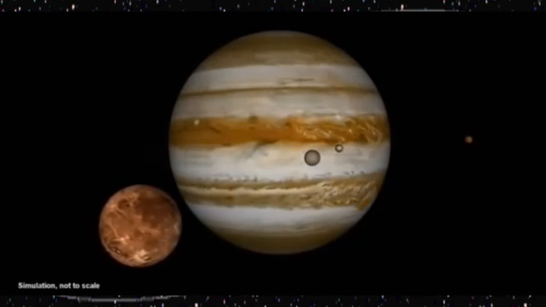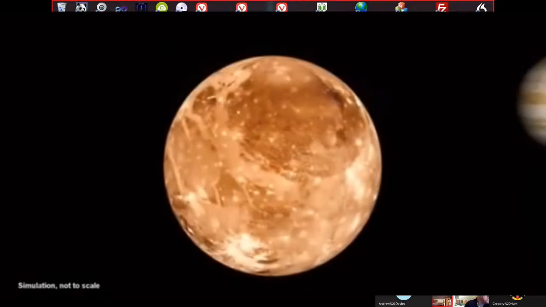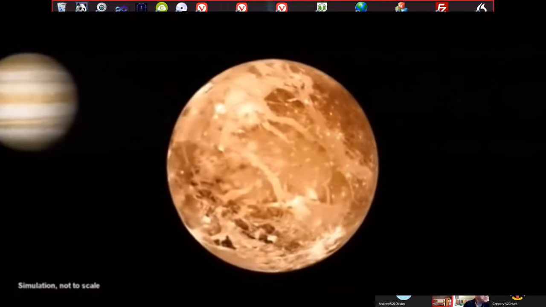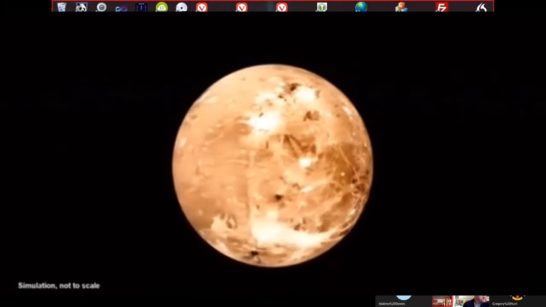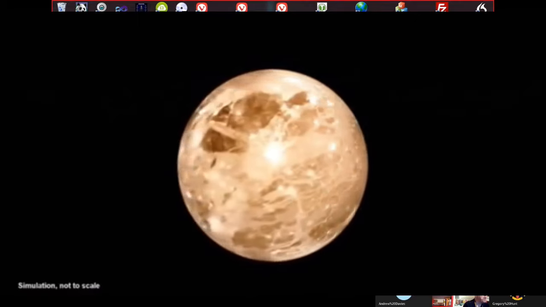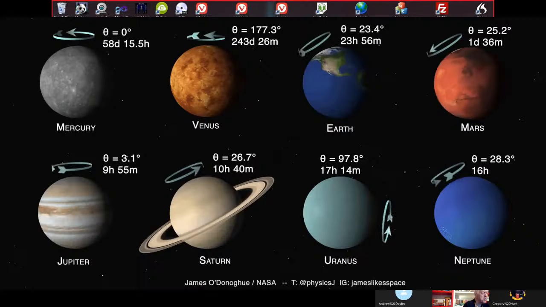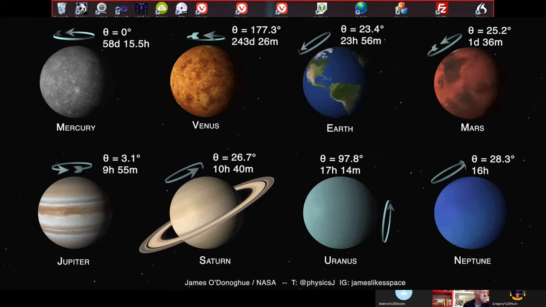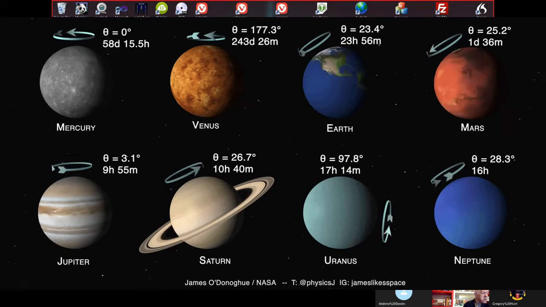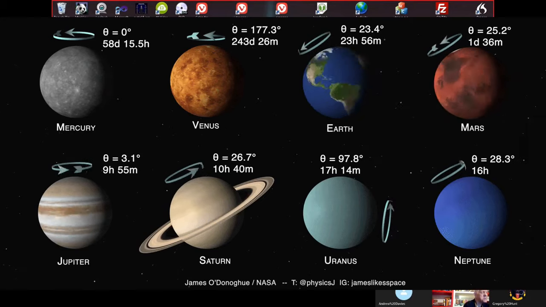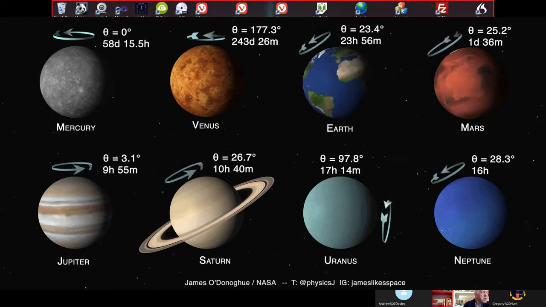But then you've got these four other major bodies, and Pluto they don't call a planet anymore, right? So you've got the four major bodies, Saturn, Neptune, Mars, and Earth, which all have this roughly 26-degree axis tilt. They've got axis tilts between about 24 and about 28 degrees, right? What does that tell? That says that they were captured as a group, right?